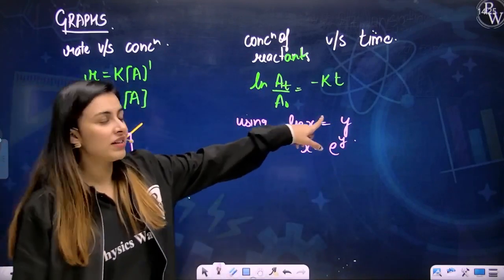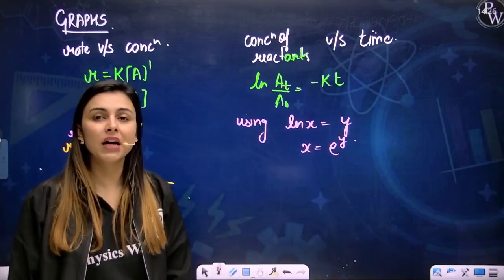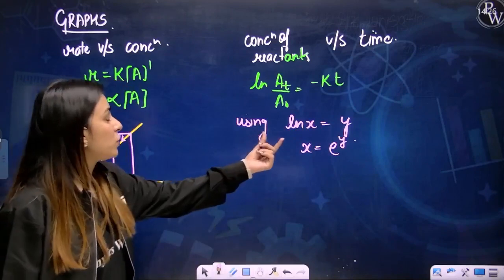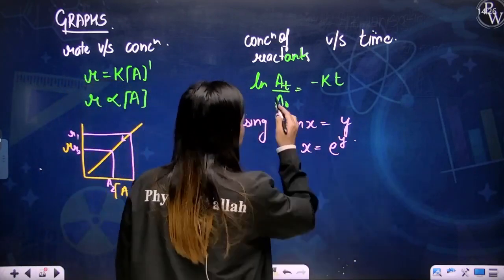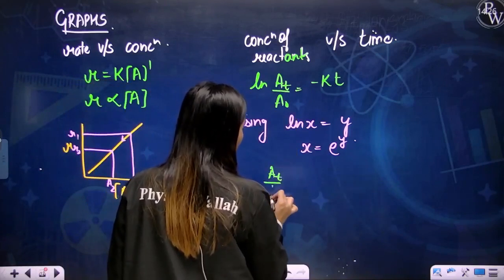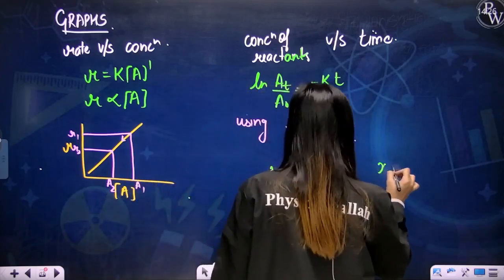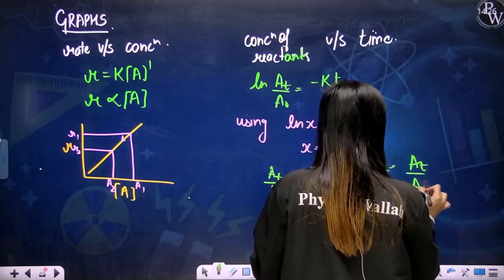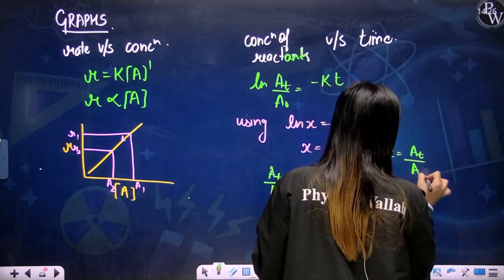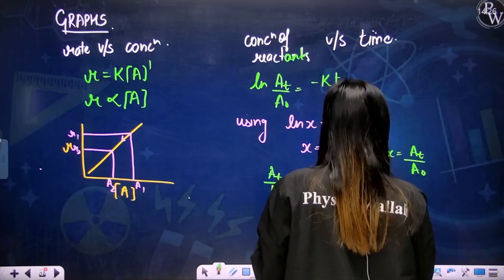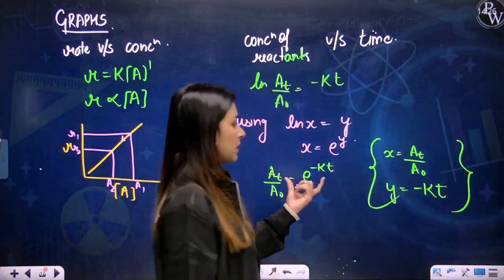Now use this into this. So can I say that At upon A naught is equal to e raised to the power minus Kt? Because here my x is At upon A naught, and y is equal to minus Kt. I hope you're clear with this.